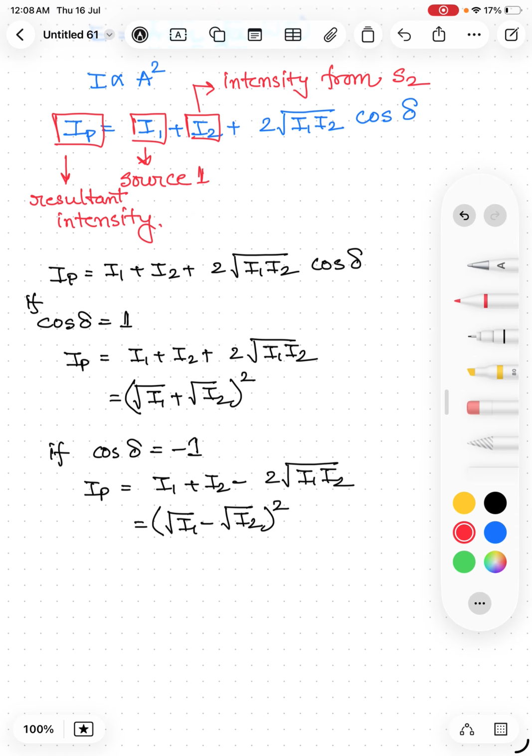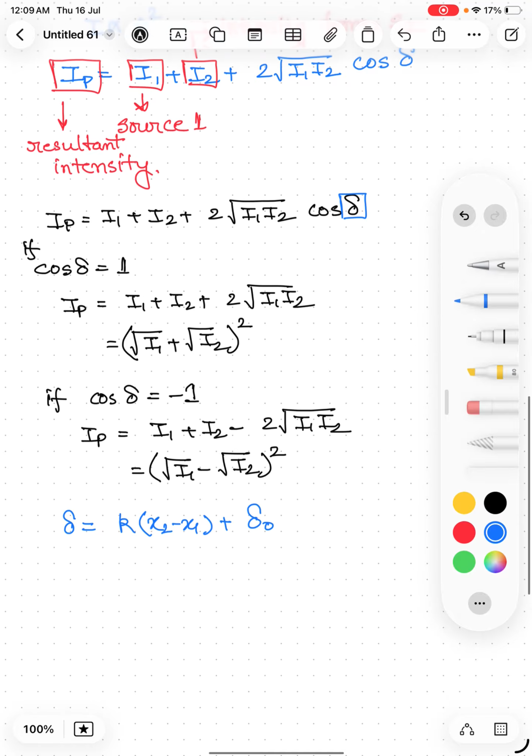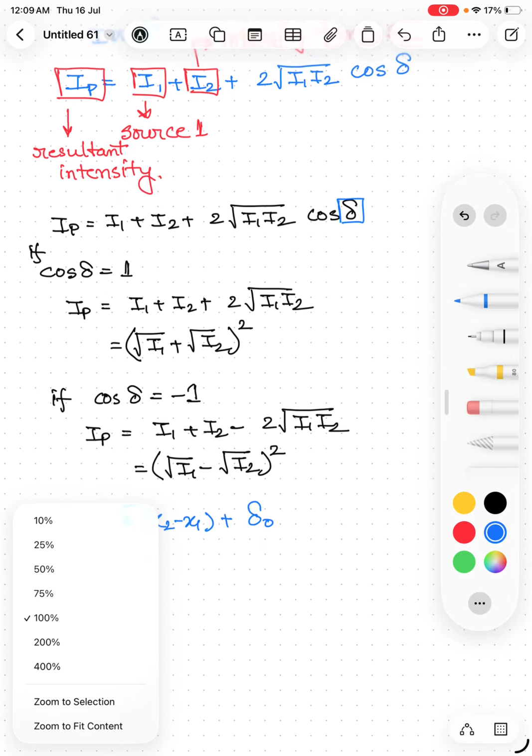Now what does that mean? Cos delta is sometimes plus 1, sometimes minus 1. As I said, in delta you have k into x2 minus x1 plus the delta naught.